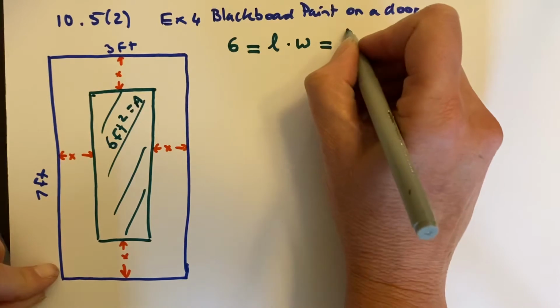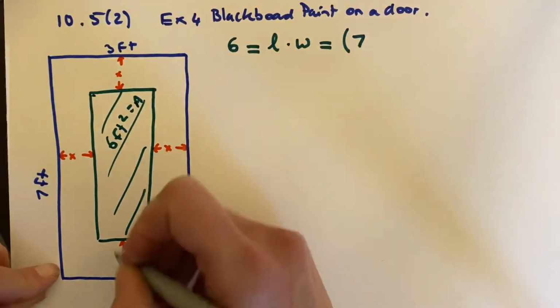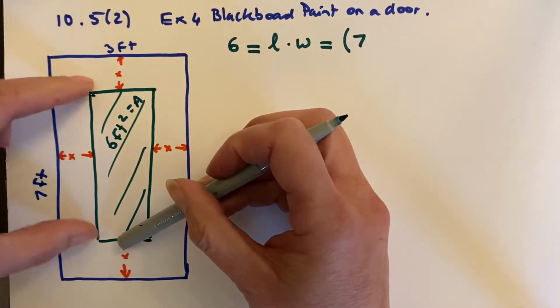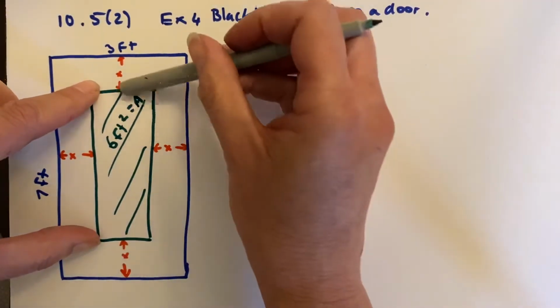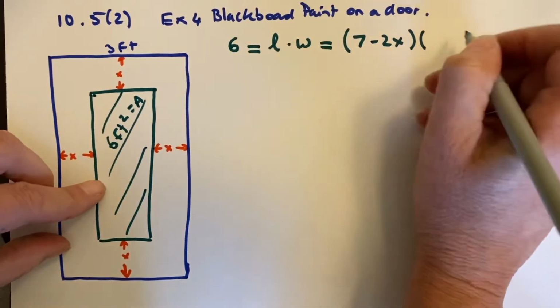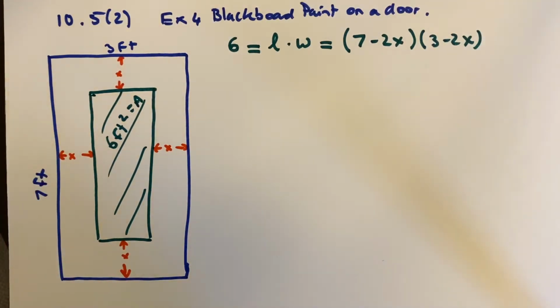And my length is going to be 7 feet minus, right, it's to here, so I'm going to subtract the x out from either side. And my width is going to be the same way, 3 minus 2x.